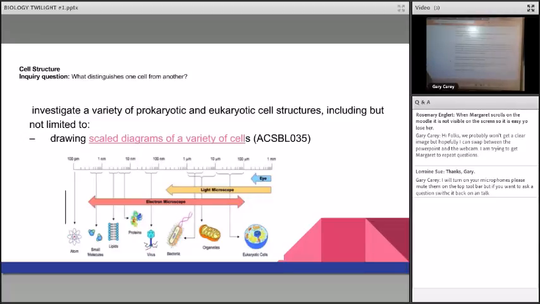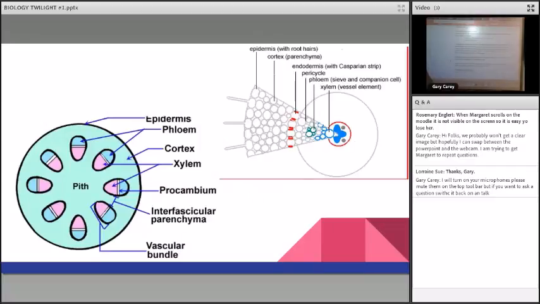Because the majority of cells are at micron or millimeter level, but then we have viruses at the nanometer scale. So one of the suggestions at that point would be don't forget to show them one of these diagrams, which we all do anyway, just to remind them of where the cell fits or the crystal fits in the scheme of things. Any other suggestions for that at this stage?